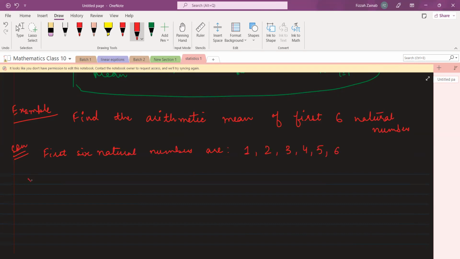So mean, that means x bar, is equal to 1 upon n summation of i equals 1 to 6 because you have 6 numbers. Understand?